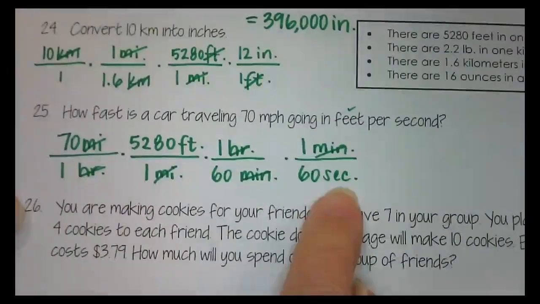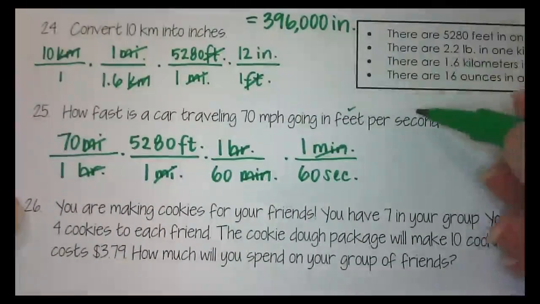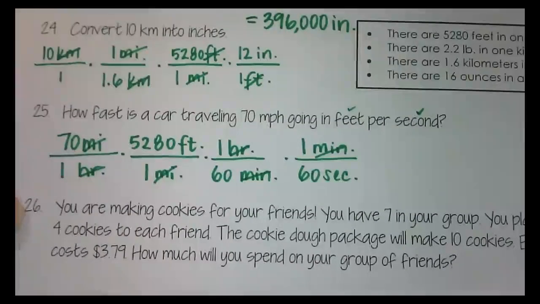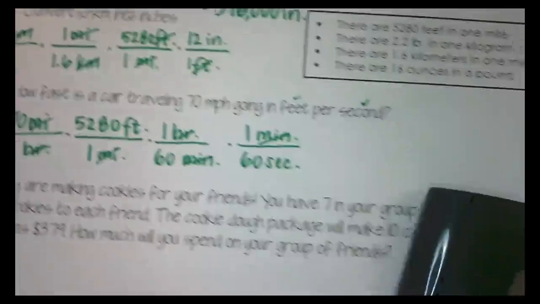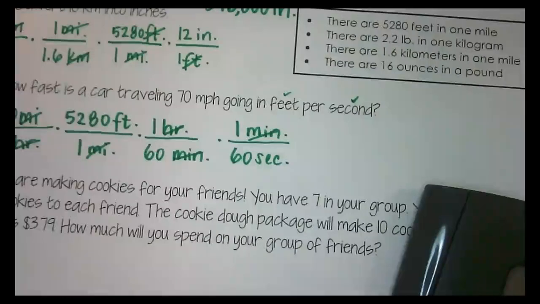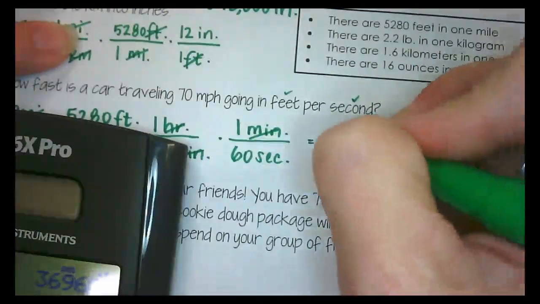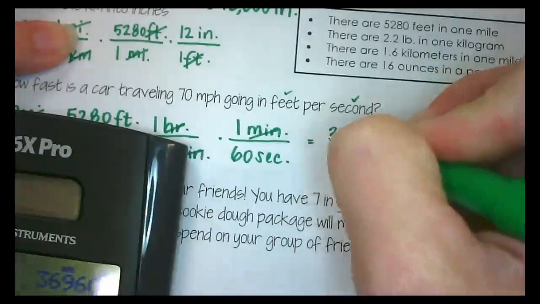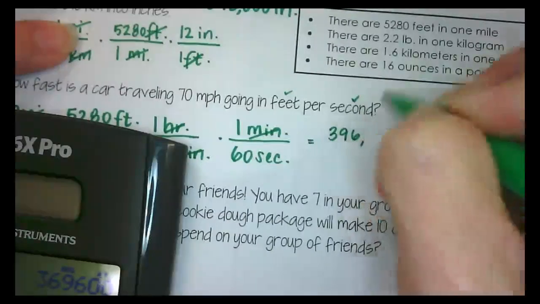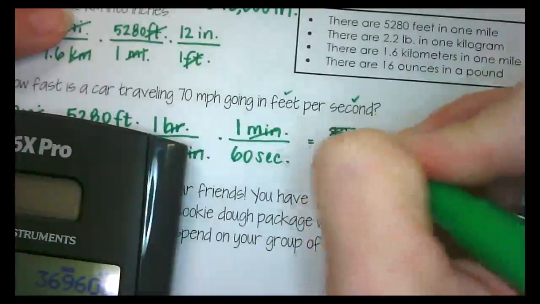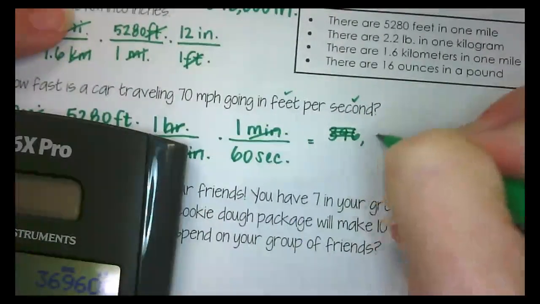So now I have feet and seconds, which is what I want. So now I'm ready to grab the calculator. So it looks like 70 times 5280 on the top, which gives me 369, oops, except I just wrote 396. Oh, good grief. Okay, let me try that again.